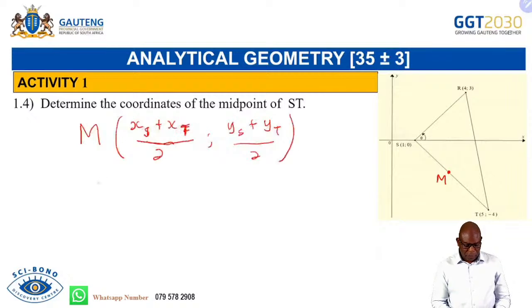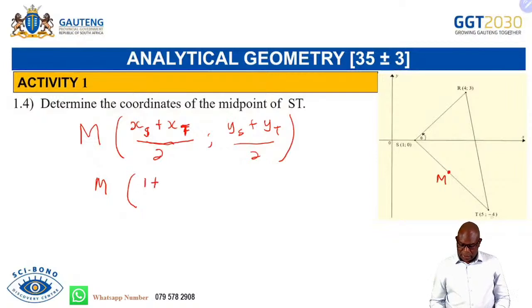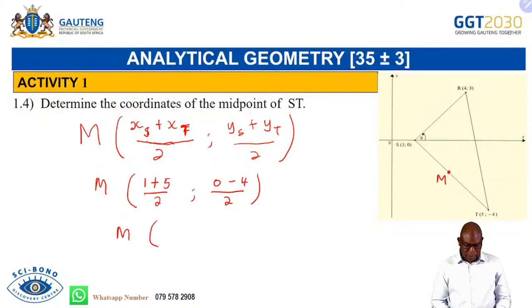Right. Then from there, I'm going to have my M. So what is my x at S? It will be 1 plus x at T, it's 5, all over 2. Then I'll have y at S is 0, y at T is negative 4, all over 2. So my answer there will be the midpoint: 6 over 2, it's 3, and minus 4 over 2, it's negative 2.